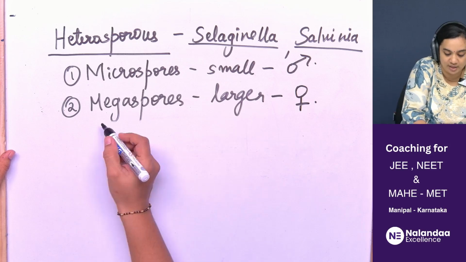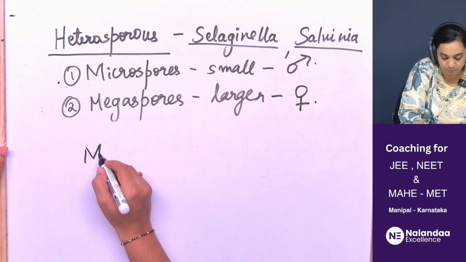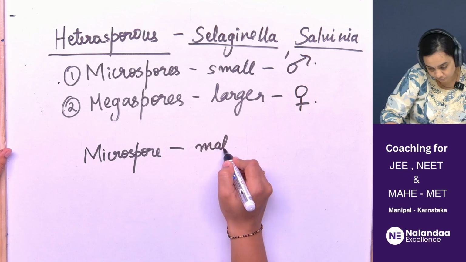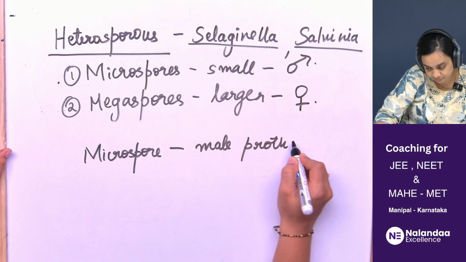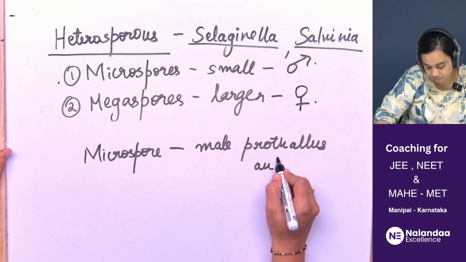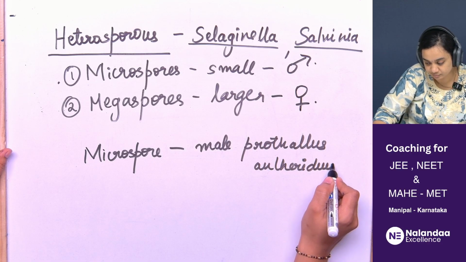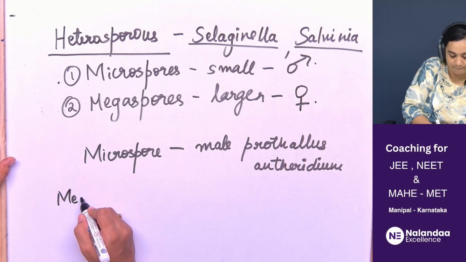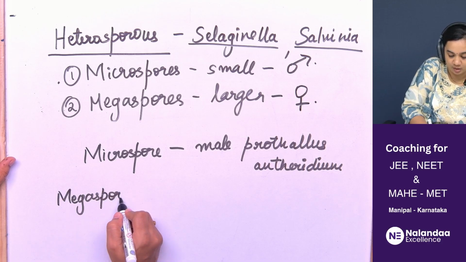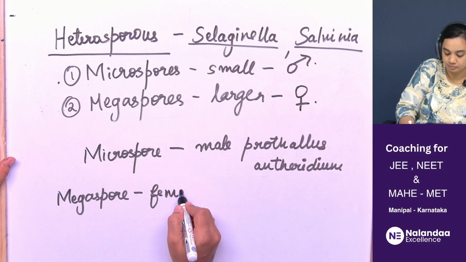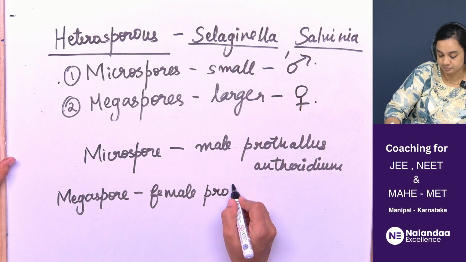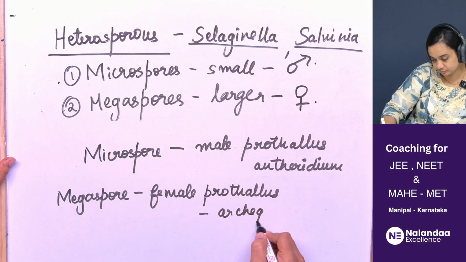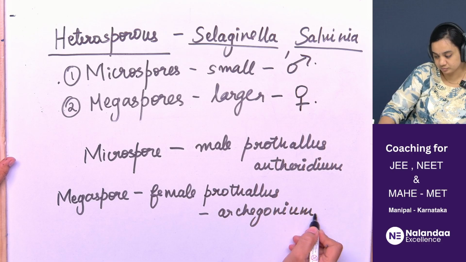When the microspore germinates into a prothallus, it forms the male prothallus that has only antheridium, whereas the megaspore germinates into a female prothallus that contains only archegonium. Clear?